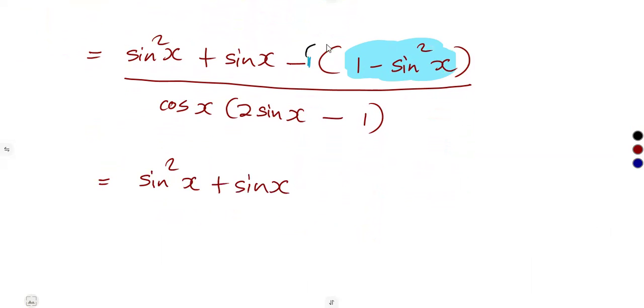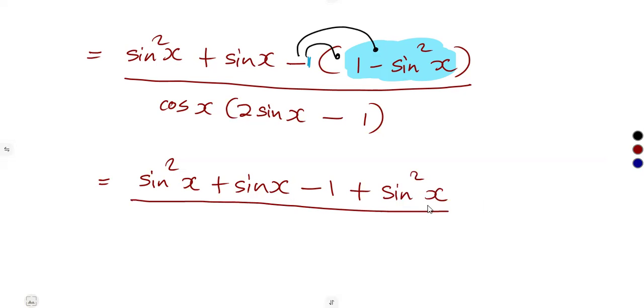So that's simply -1 times 1, which is what? -1. We move on, -1 times a negative, negative, that's what? A positive. So this is positive sine squared x. Everything over what? Our denominator as it is, which is the cos of x into what? 2 sine x minus 1.